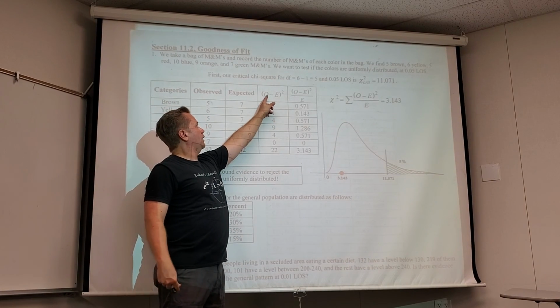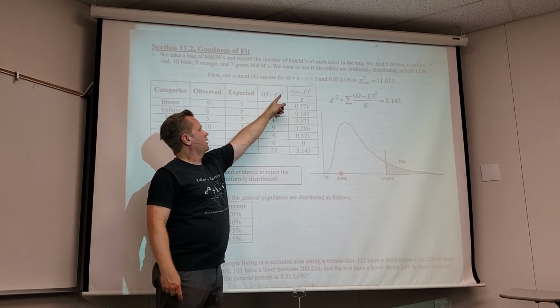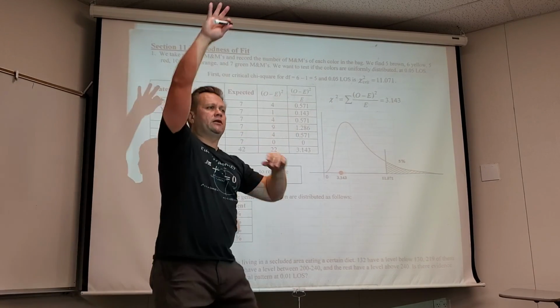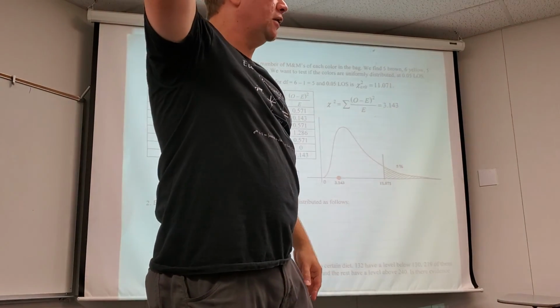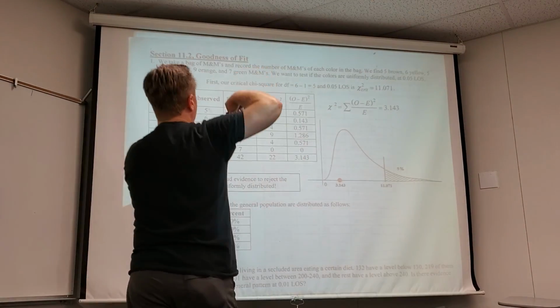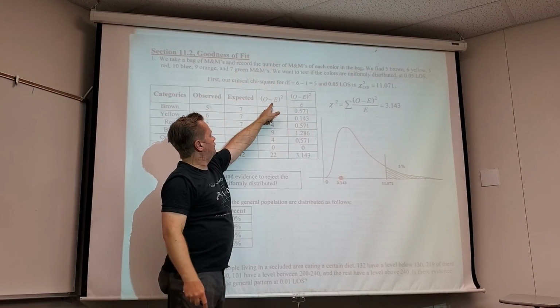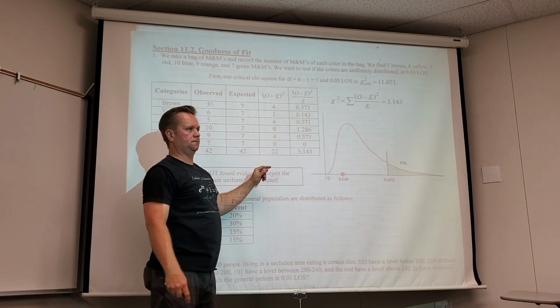So I calculate how far off what I see is from what I expect, and I do it in one step. This is sort of like when we did standard deviation. Didn't we have to square to get rid of the negatives so that they don't always add up to 0? So I take the differences between what I expect and what I observe, and I square it.